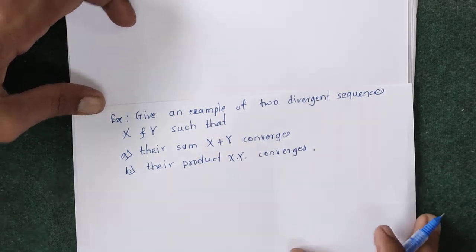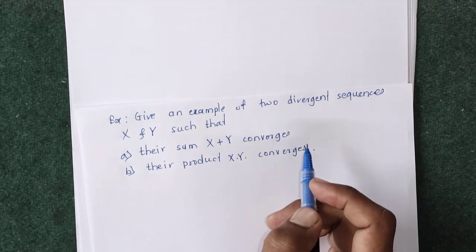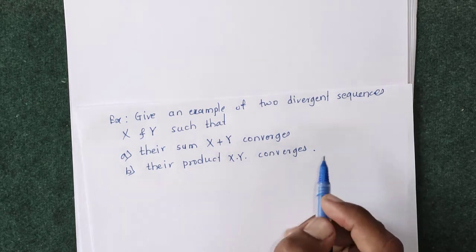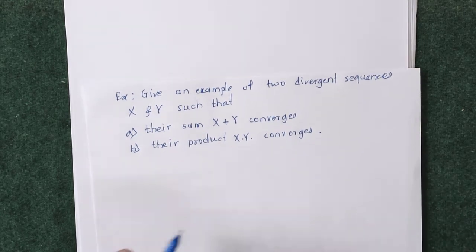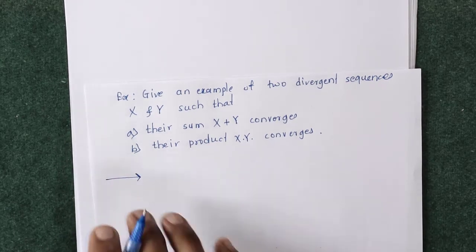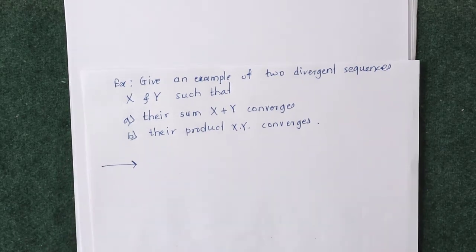We have to give an example of two sequences which are divergent, and we have to show their addition and their multiplication is convergent. Divergent means their limit does not exist.